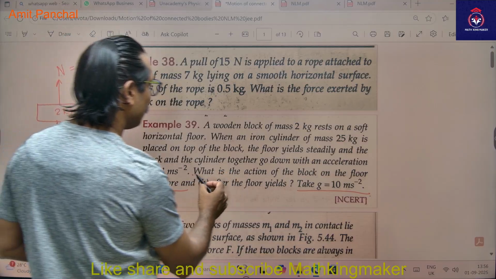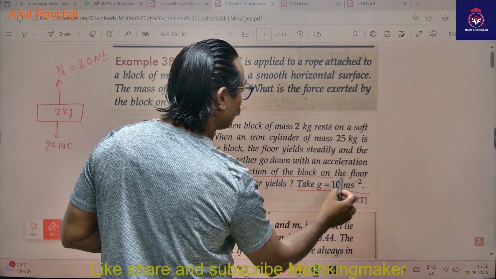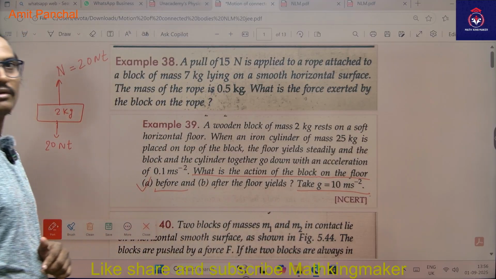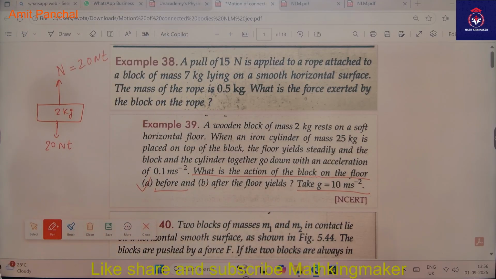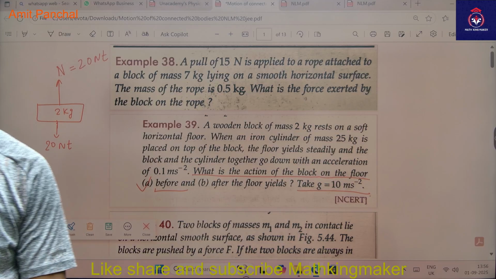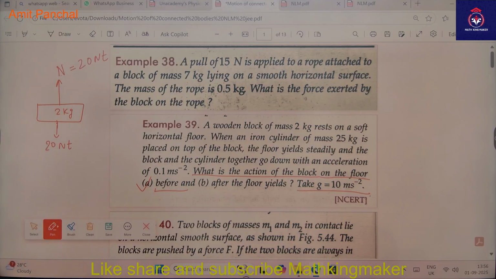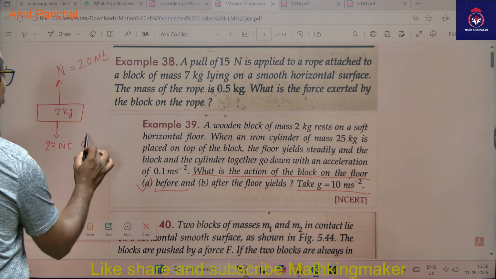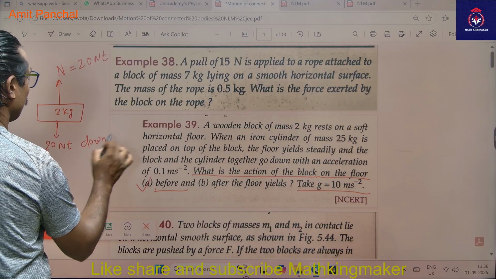What is the action of the block on the floor? The block will be putting 20 newtons on the floor, so that will be 20 Newton downward. So the question is only this.